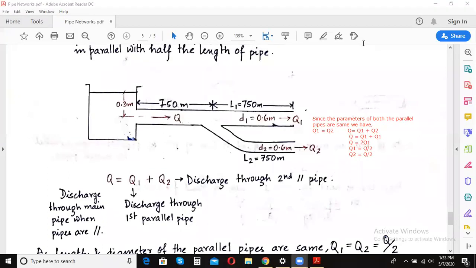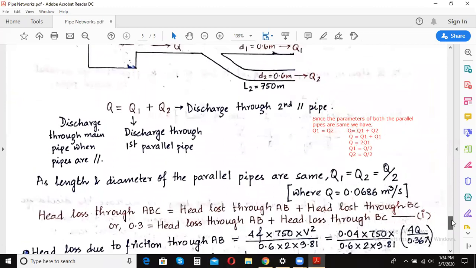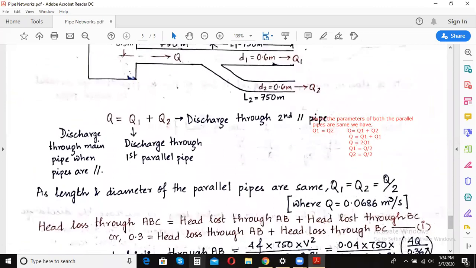Now we have to consider the head loss. Let's see what the head loss is saying. So this is the formula for my head loss through ABC. I did not annotate the points, so I will annotate them now.